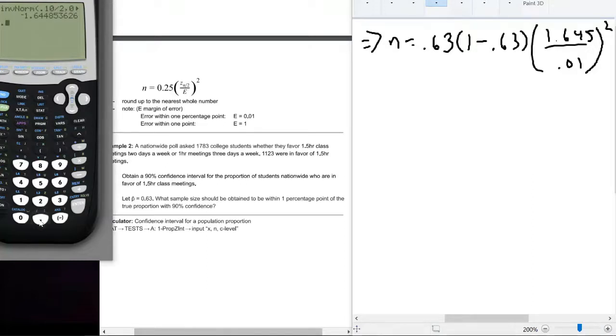We have 0.63 times 1 minus 0.63, and then 1.645 divided by 0.01, to the second power, and we get n equal to 6307.7.